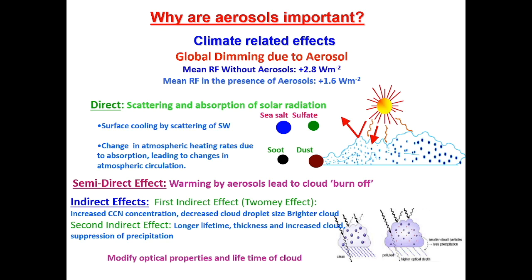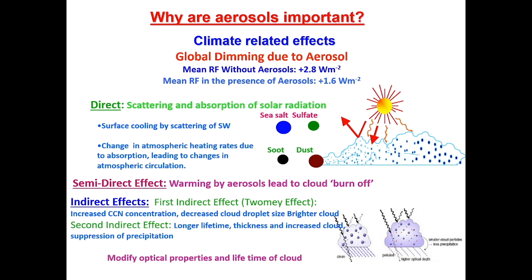But mainly we will concentrate on the climatic effect of these aerosols. And here the aerosols are, by and large, if we take the global average, then on the whole they actually cause global dimming. That is, they basically reduce the net amount of radiation which is reaching the surface. And the average estimates go up to the mean radiative forcing, what we call.